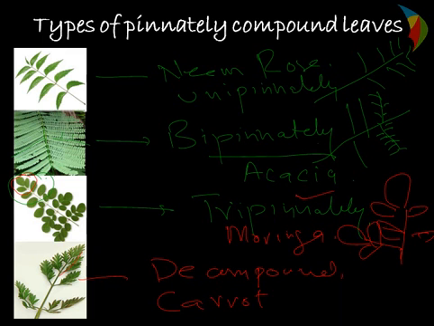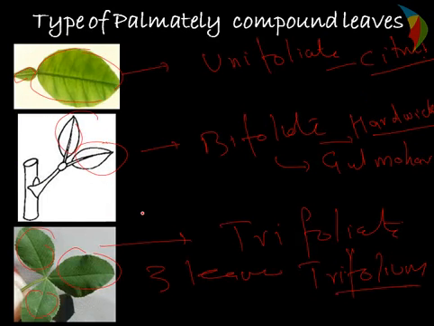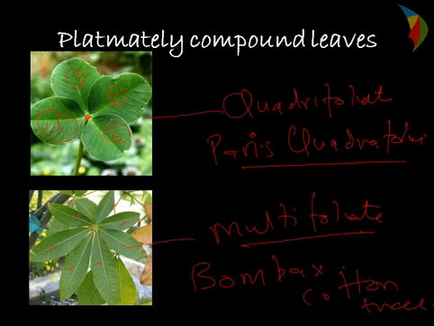Then we have further divided the palmately compound leaves into unifoliate, bifoliate, trifoliate with examples, and the last 2 are quadrifoliate and multifoliate. These are the broad divisions of the types of leaves.